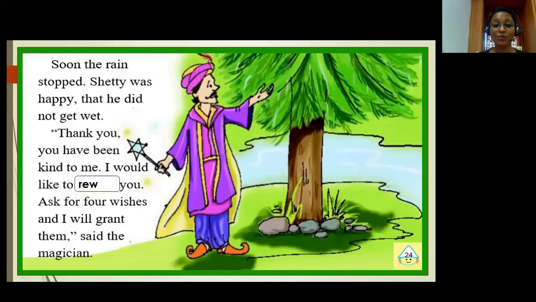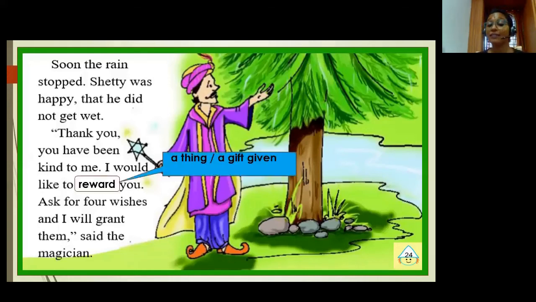Here, the word reward means a thing or a gift given in recognition of a service or some help. And what reward did the magician give to the tree? He granted the tree 4 wishes. So whatever 4 wishes or desires the tree wishes to have, those will all come true. Okay?